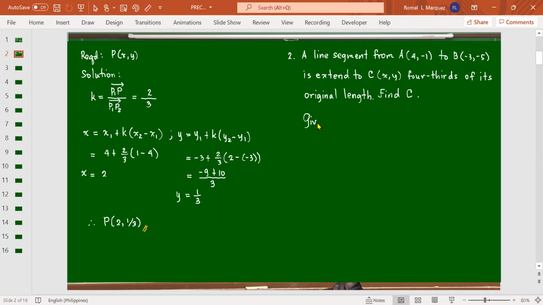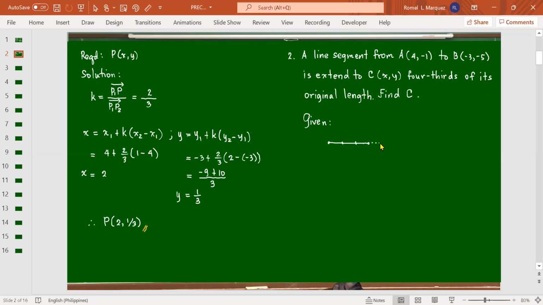So again, let's illustrate this arbitrarily. So consider this line segment. I'm going to extend this. How long, guys? 4/3. Okay? So meaning, I'm going to divide this into 3: 1, 2, 3. And the extension, how many of these parts? 4/3.